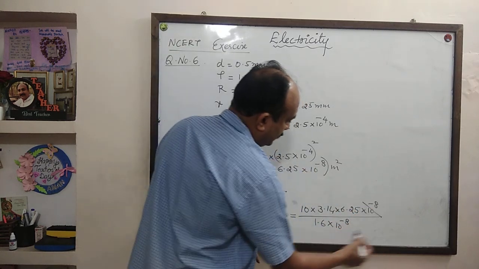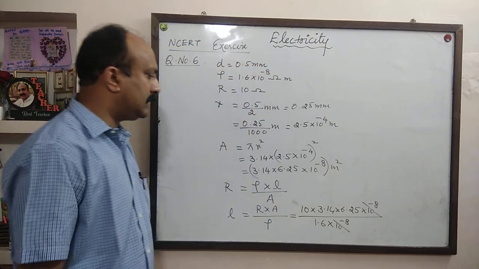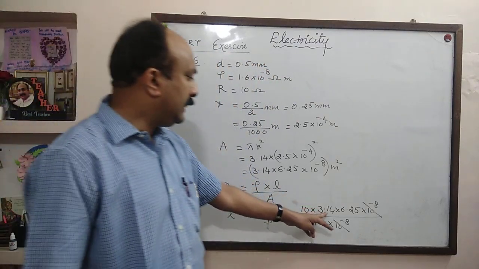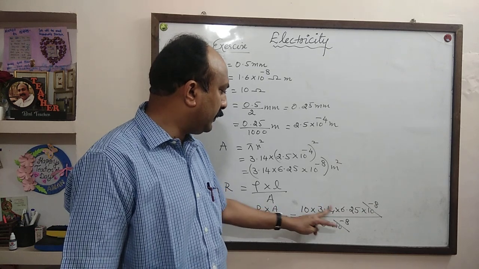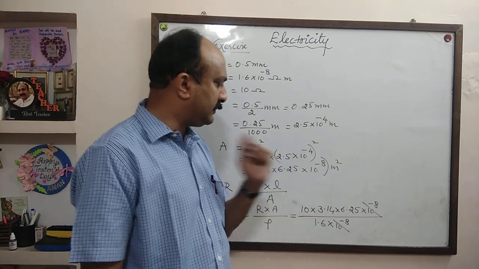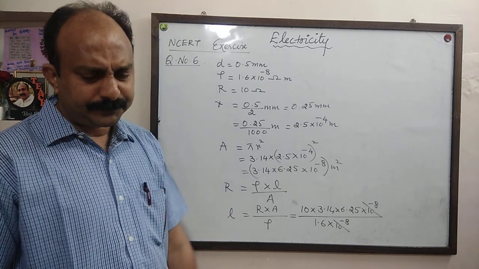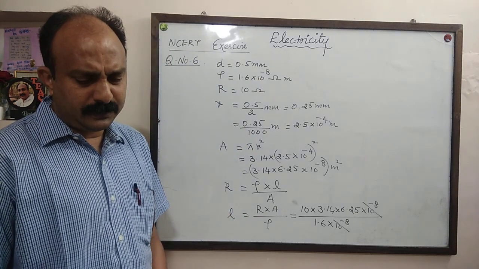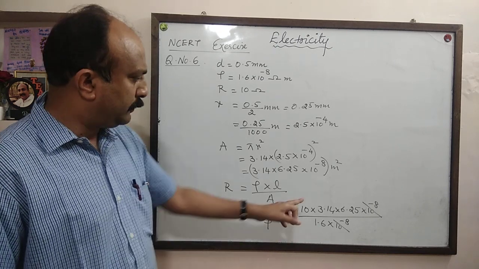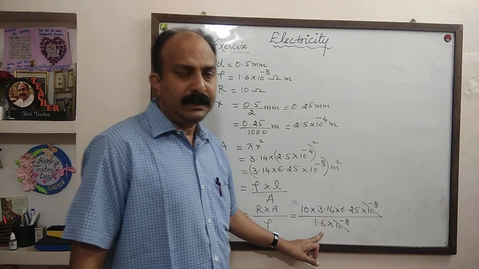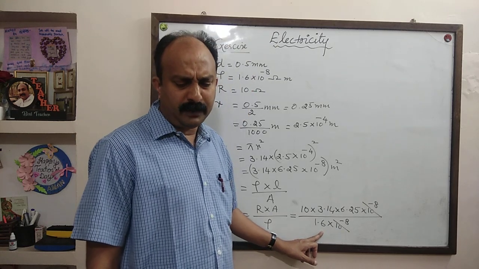This 10 raised to minus 8 and this 10 raised to minus 8 got cancelled. 10 into 3.14 is 31.4. 31.4 into 6.25 is 196.25, upon 1.6.